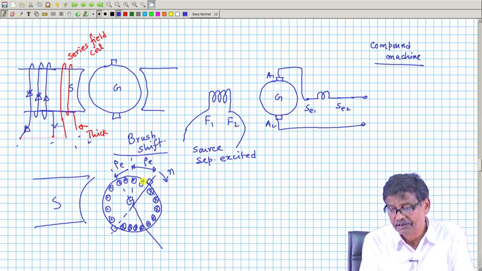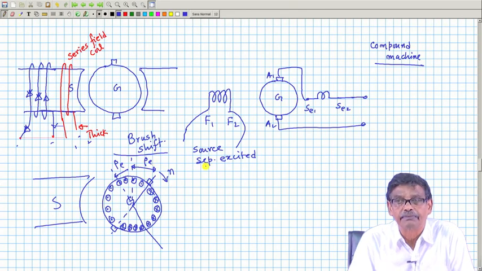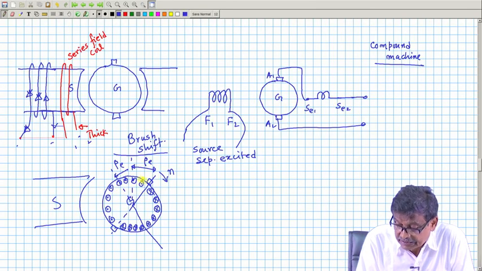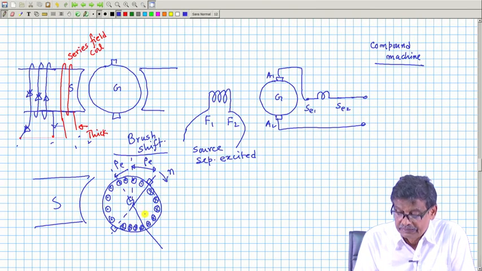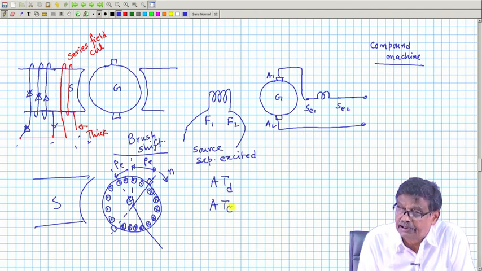So, I have given a shift in brush, and beta e means I have given it in electrical degrees. Then I see that this armature has both demagnetizing ampere turns as well as cross magnetizing ampere turns. That is what I did.